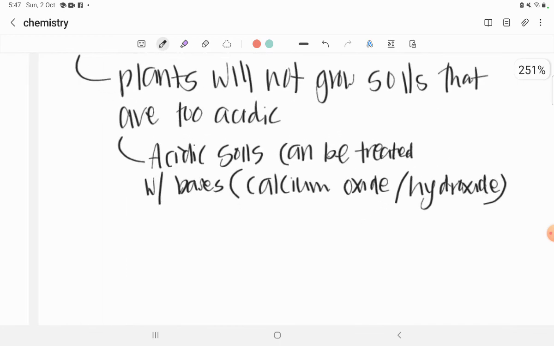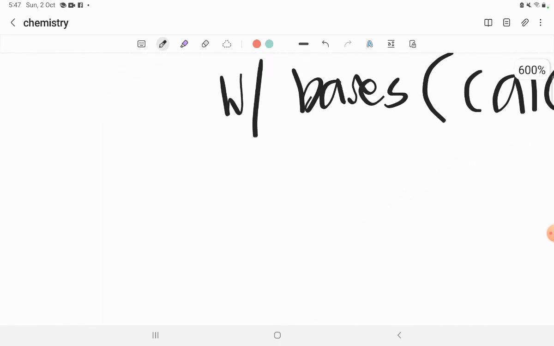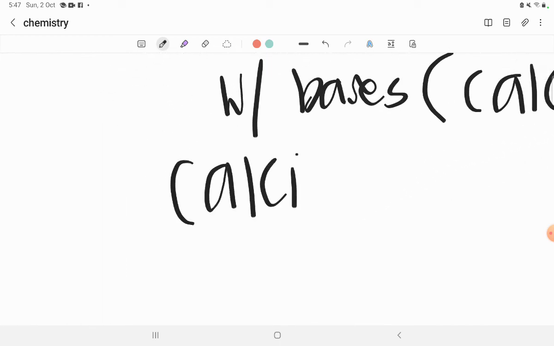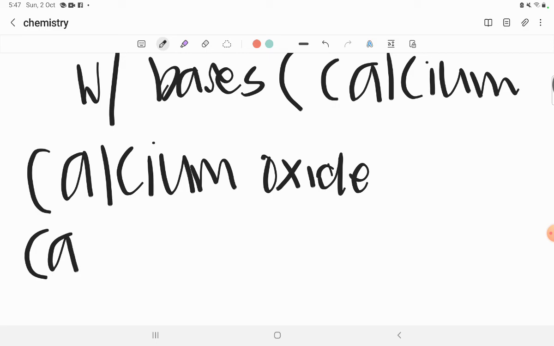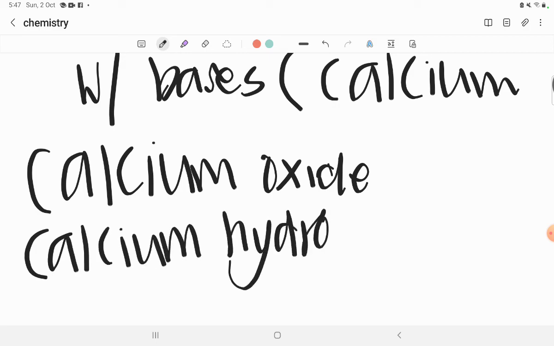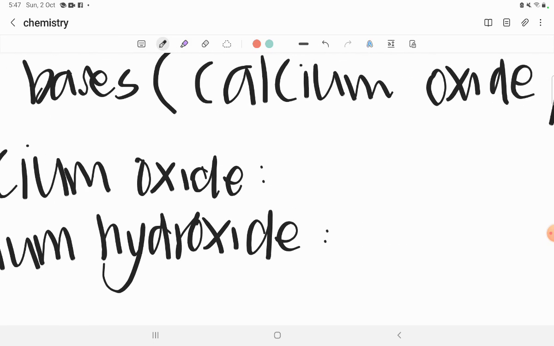Okay, calcium hydroxide, this is important. Calcium oxide is quicklime. Whereas hydroxide is slaked lime.